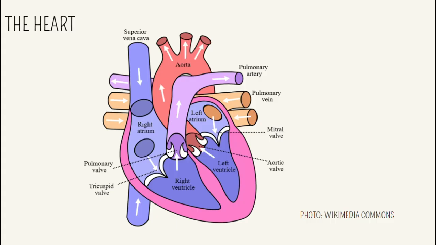So you have the superior vena cava, the right atrium, right ventricle, left atrium, left ventricle, pulmonary artery, pulmonary vein, the mitral valve, aortic valve, pulmonary valve, tricuspid valve, which prevents the backflow of blood. All of these parts of the heart are very, very important, and we're going to talk about how all of this works in just a second.